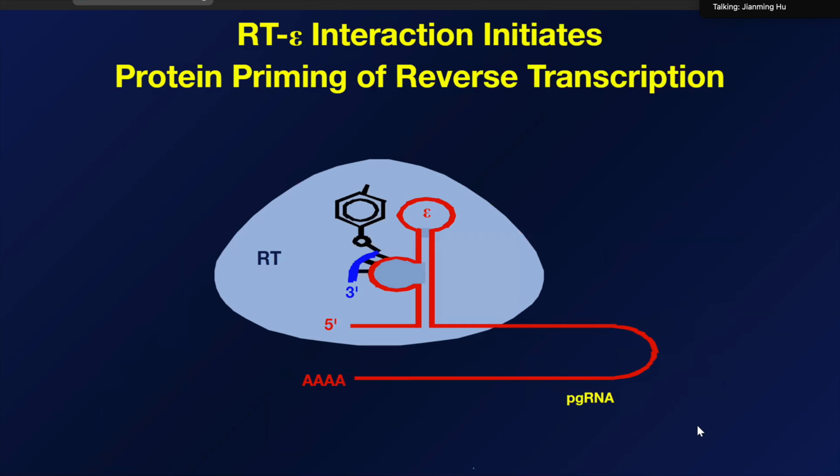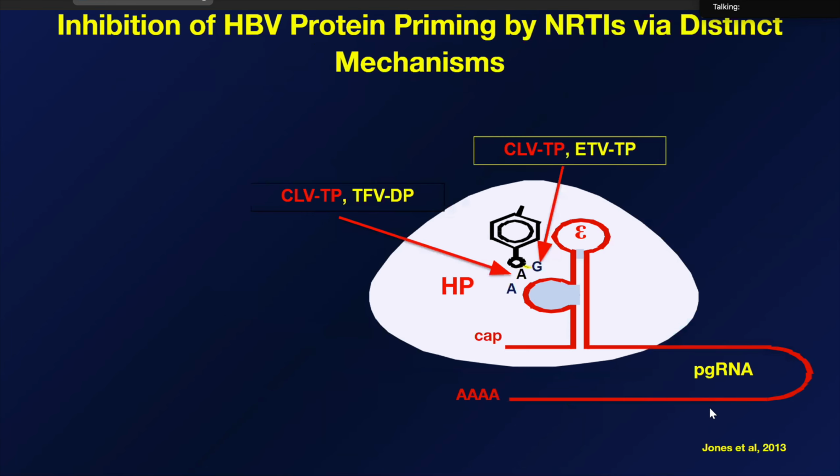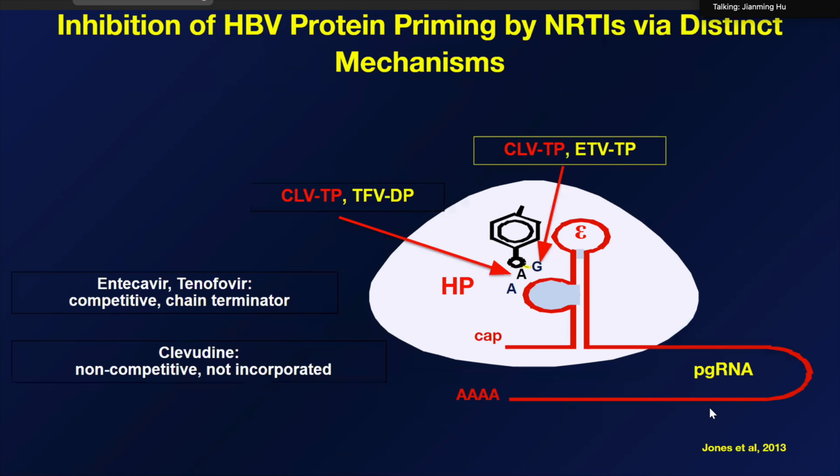Next, please. It turned out this RNA packaging signal called epsilon is also the origin of viral reverse transcription, because the viral DNA synthesis actually starts at the 5' end at this epsilon signal. Next, please. It's through a very unusual mechanism called protein priming, because the primer is actually the reverse transcriptase itself. We think there are still many different ways to tackle this particular step which remain to be exploited.